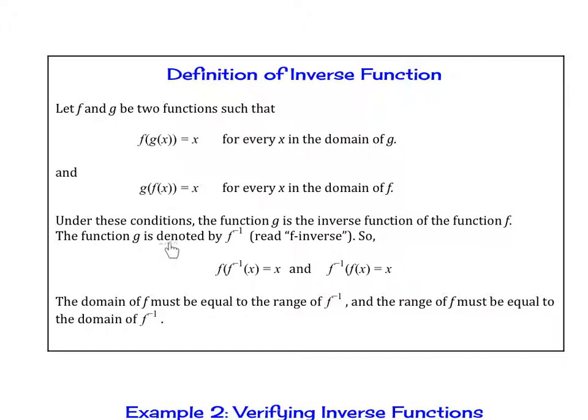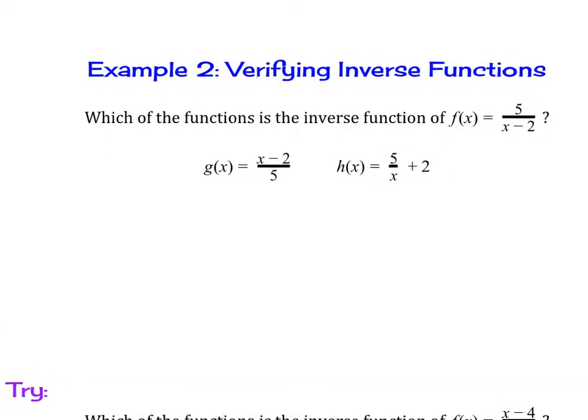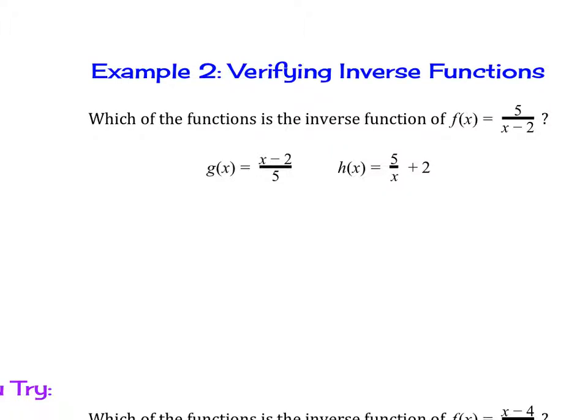The function g is denoted by f inverse, read f inverse. So f of f inverse of x equals x, and f inverse of f of x equals x. The domain of f must be equal to the range of f inverse, and the range of f must be equal to the domain of f inverse. So we're just going to use this rule, or the definition of the inverse function, to verify inverse functions.